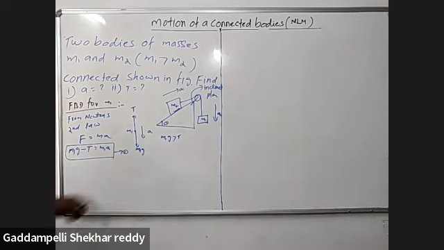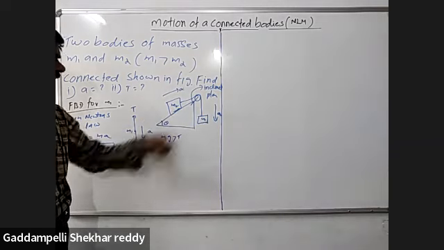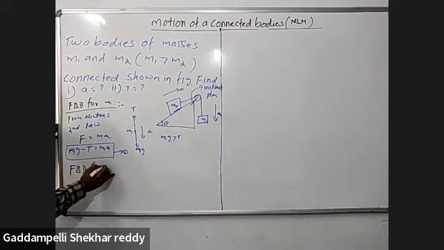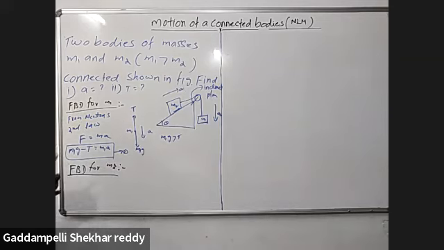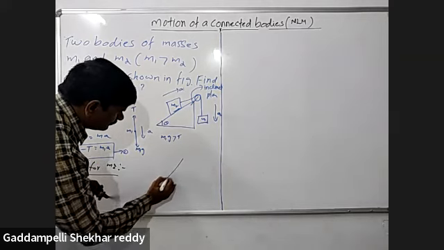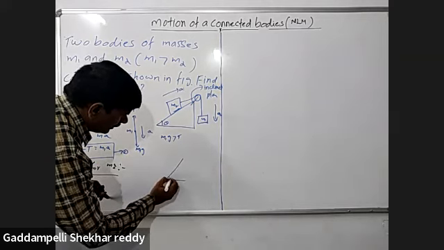Next we draw the FBD for mass M2. Mass M2 is separated from the system, resting on the inclined plane.